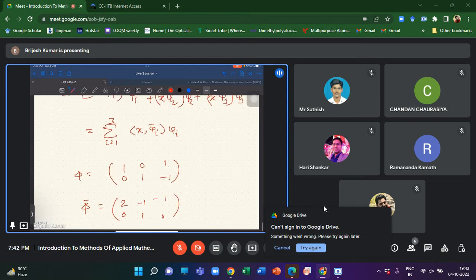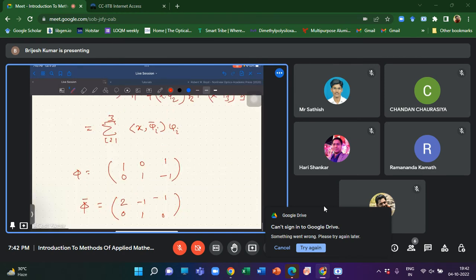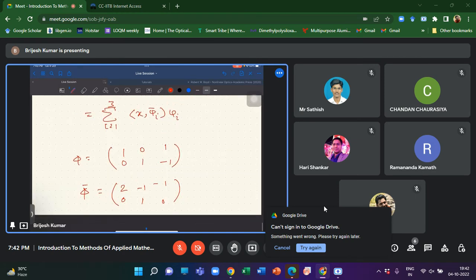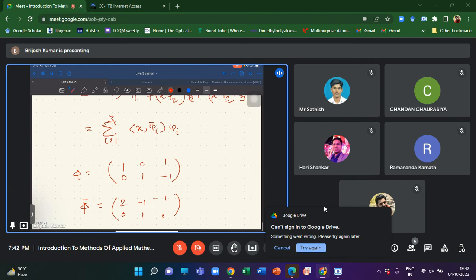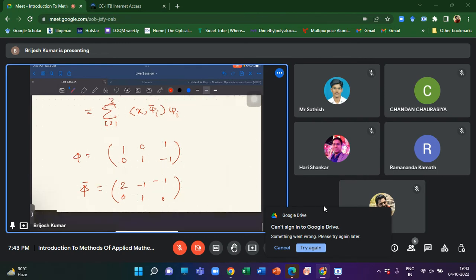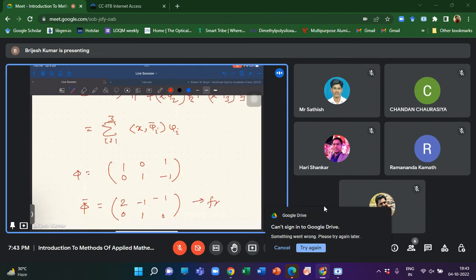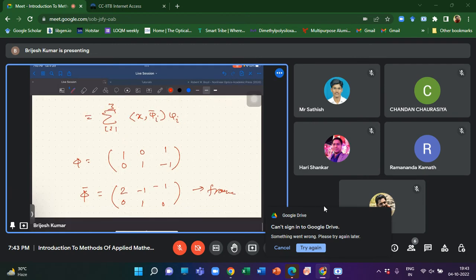The only difference between these two expressions and the one for the general basis is that the matrices phi and phi bar are now rectangular. So these are frames, not an orthonormal basis set.